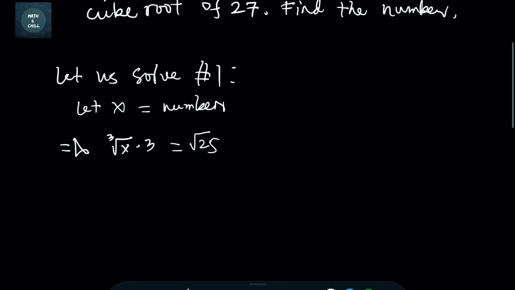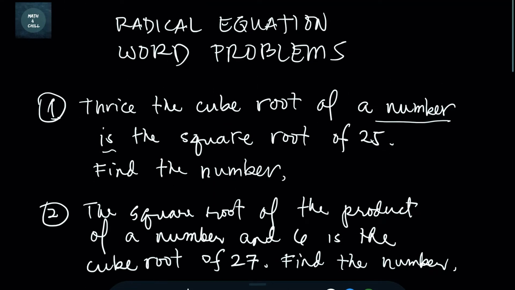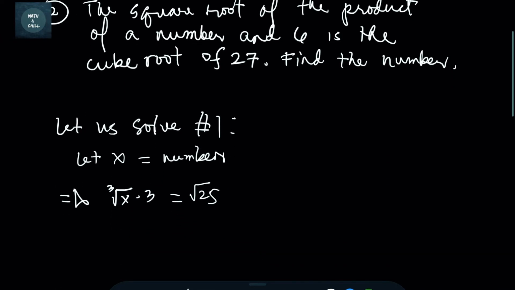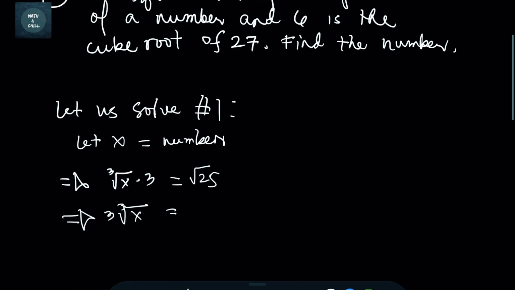Now that we have the equation, let us simplify it to find the number, since the problem says find the number. So we need to find the value of x. The cube root of x times 3 is just 3 times the cube root of x, equal to the square root of 25.